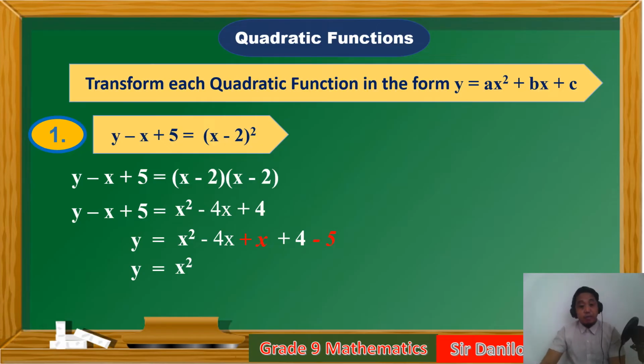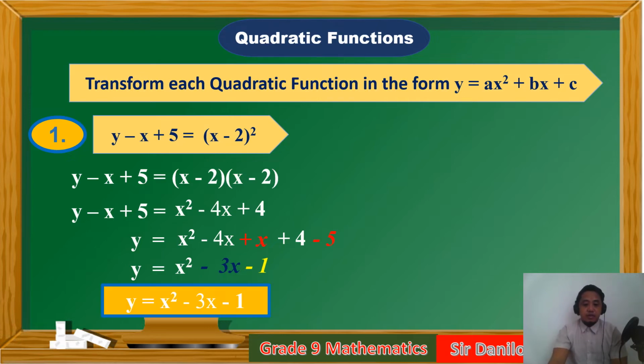So, that's negative 4 plus positive 1, that is equal to negative 3x. And then we have 4 minus 5, that is negative 1. So your quadratic function in the form of y equals ax squared plus bx plus c is y equals x squared minus 3x minus 1. Napakadali, no? Napaka-easy. Manipulate mo lang yung equation. Okay. Number 2.